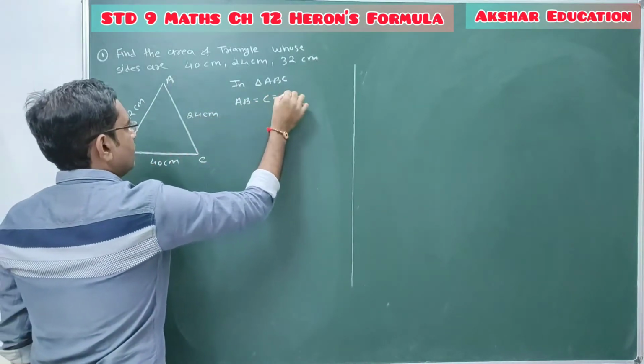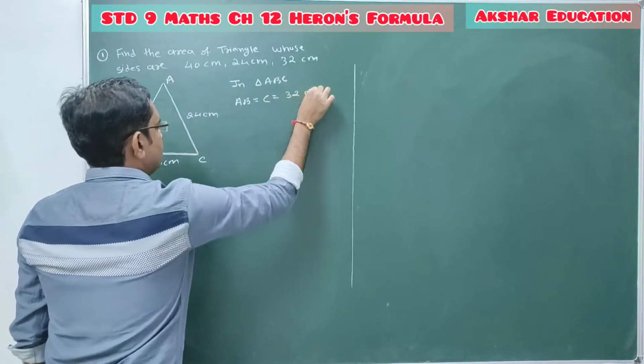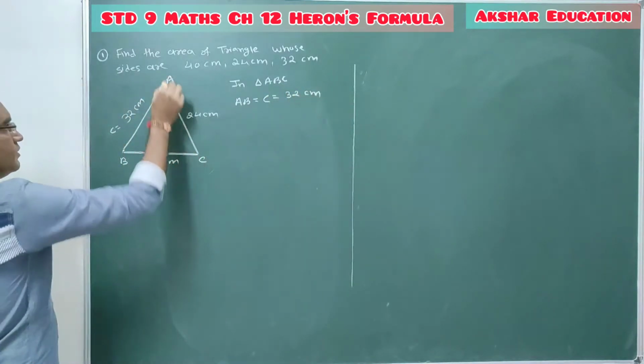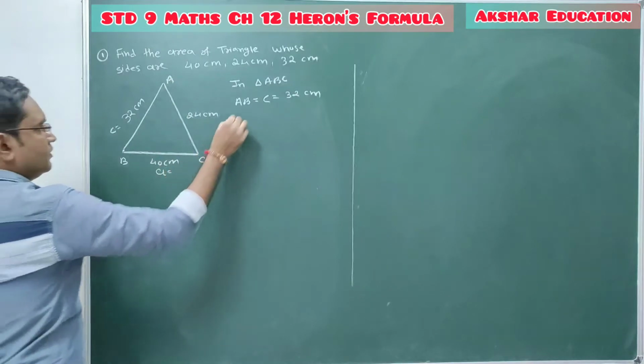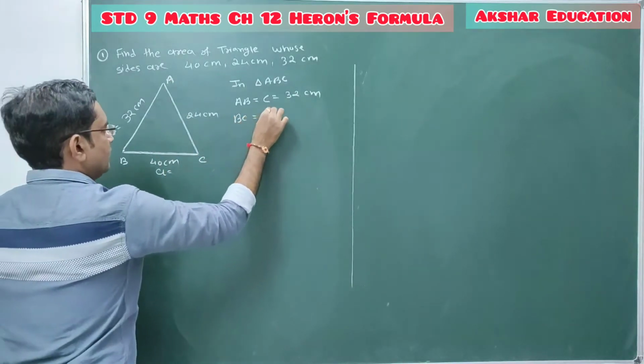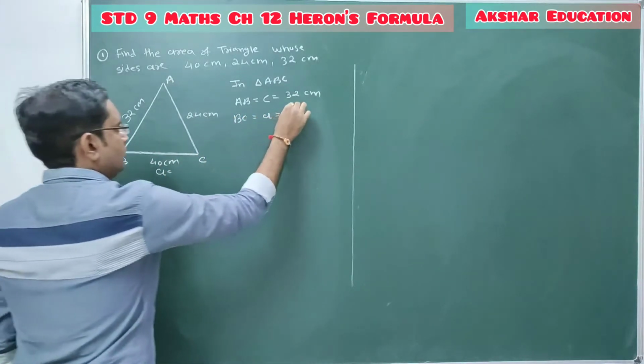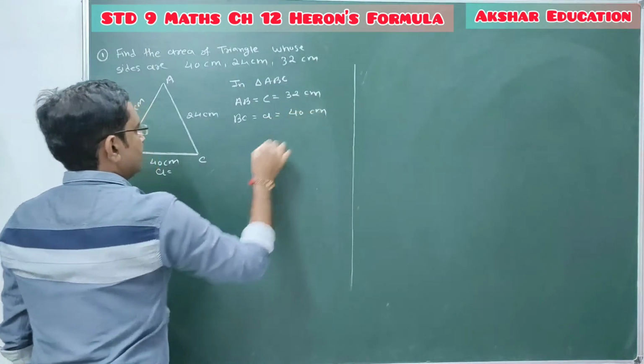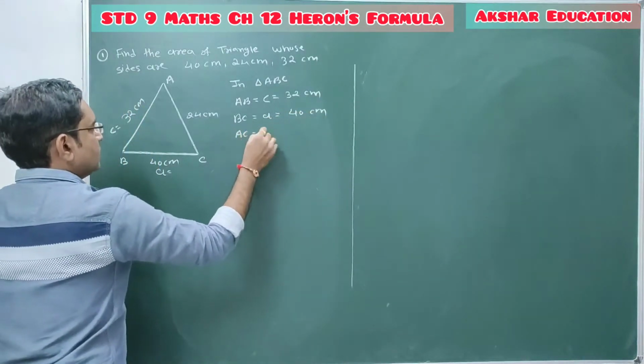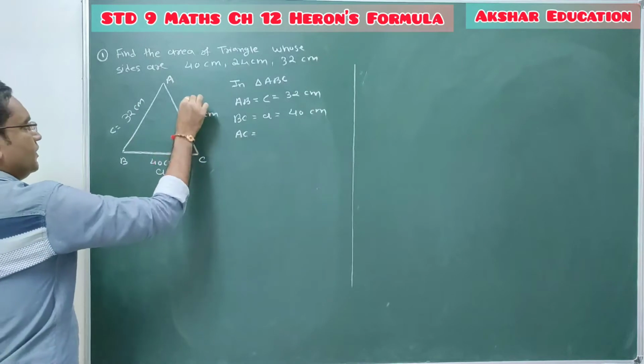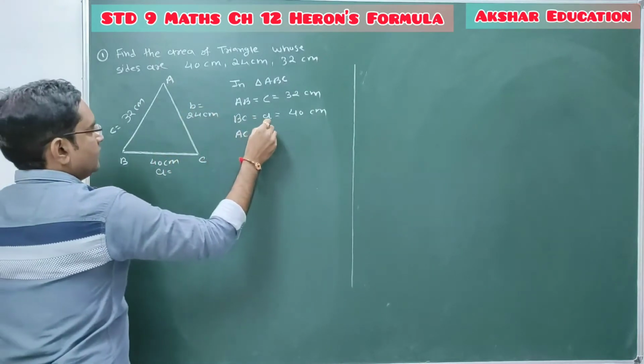So let small c be 32 centimeter. BC is nothing but the small a, so BC is equal to small a, and that is equal to 40 centimeter, and AC is the side opposite to angle B, which is small b.